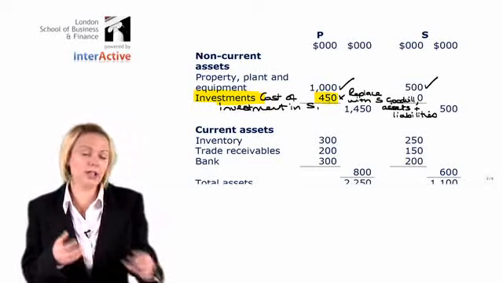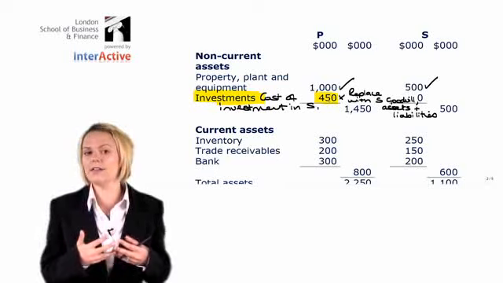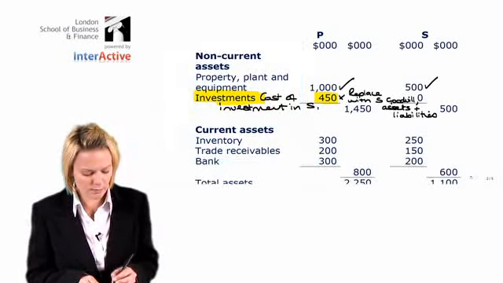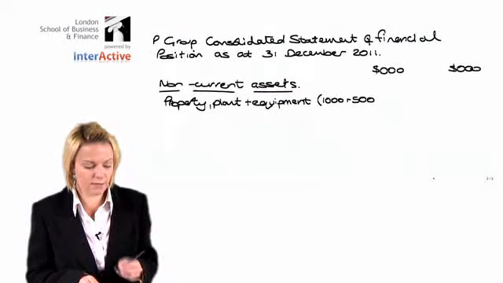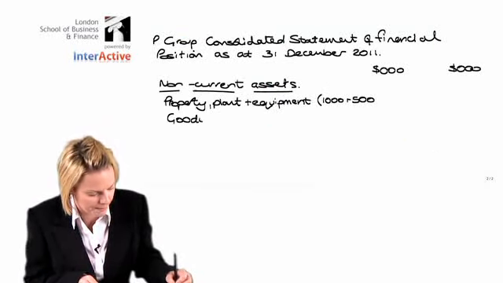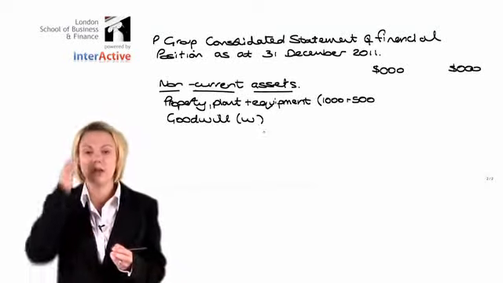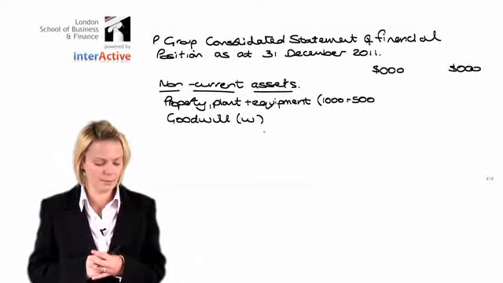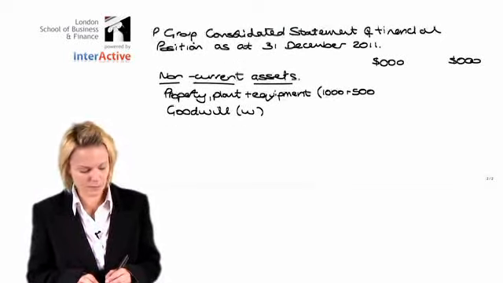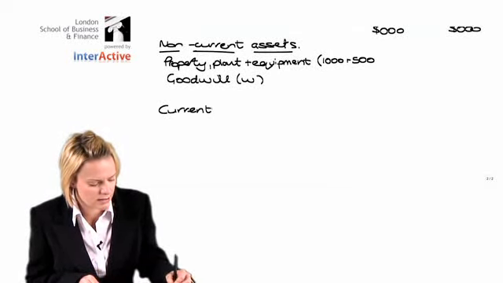So we need to ignore this 450, but use it as a reminder that at that point we need to add in a working. And it's going to be a working for goodwill. Look at your pro forma. Goodwill. I'm going to put a W there because it's going to be a working. We can't do much more with that at that time. Now let's proceed then to look at current assets.